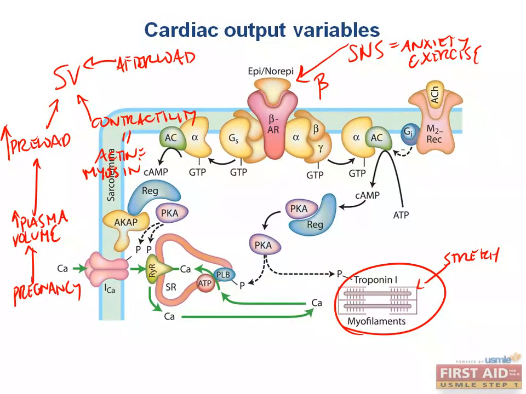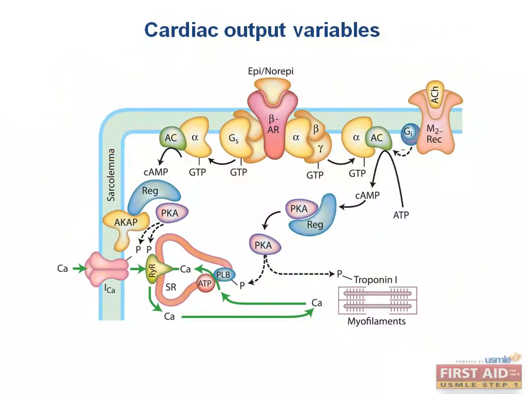So now that we have discussed the things that determine stroke volume, let's examine some other components individually and then discuss ejection fraction. Remember, contractility is dependent on the number of myosin-actin interactions. The number of myosin-actin interactions depends on the ability of calcium to bind troponin C, which will inhibit troponin I from blocking the formation of a troponin-tropomyosin complex that we need to move that tropomyosin away from the myosin binding sites on actin.